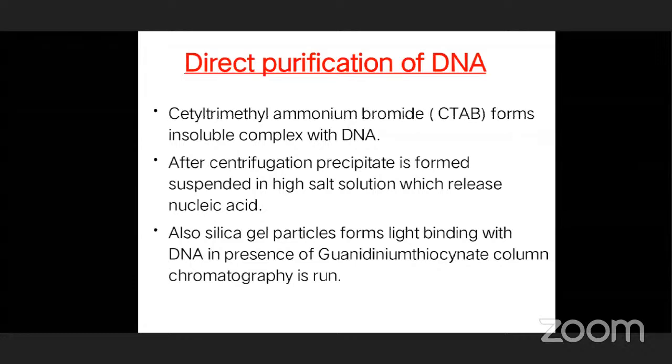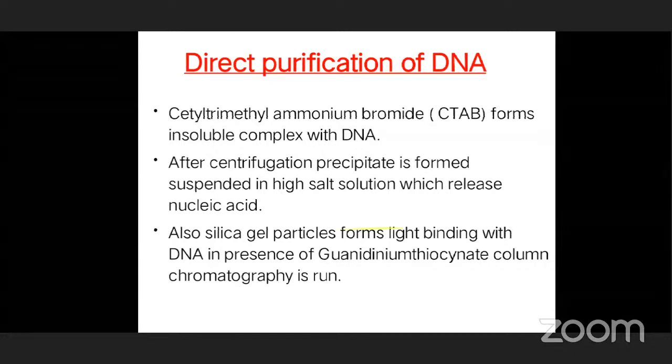Then next is chloroform. Also isopropanol is required. These chemicals are used for the precipitation of the DNA. And last is Tris EDTA buffer. It is used for dissolving the DNA, or nuclease-free water is used for dissolving.